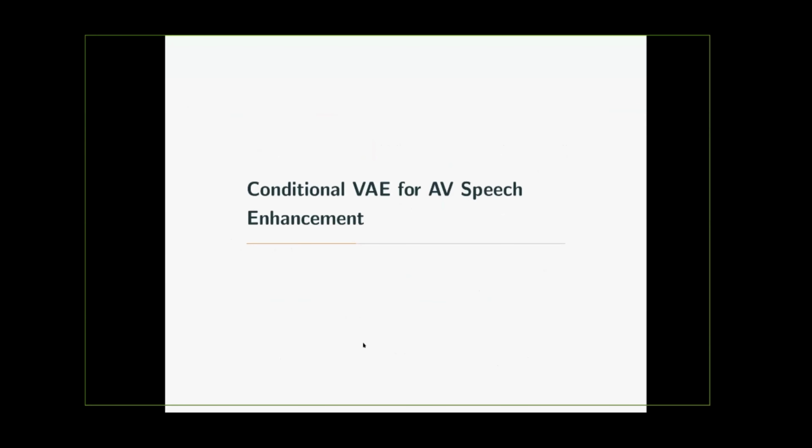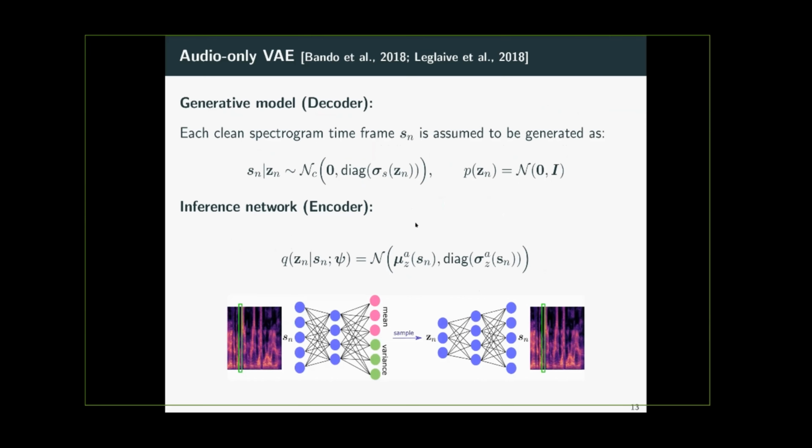Okay, now that we have seen the basics of VAEs, I can start describing how we used VAEs for audiovisual speech enhancement. So let us start with a very simple case. We forget about the vision right now. We are going to assume that S is my clean speech. Then I have Z, the latent code, and then I can learn an audio-only VAE.